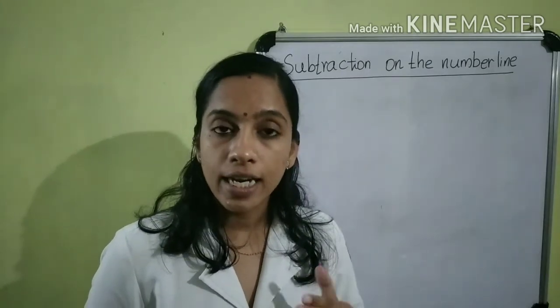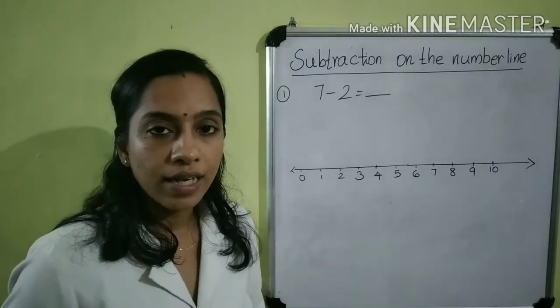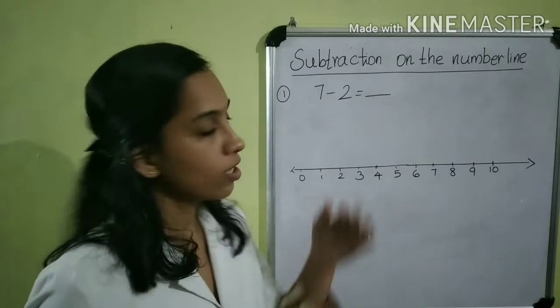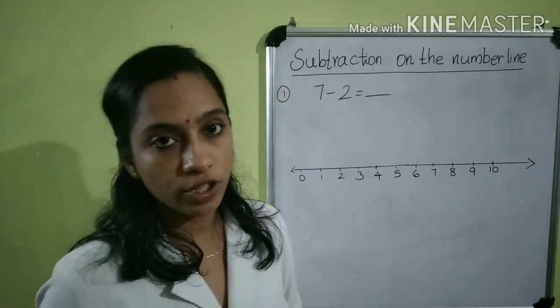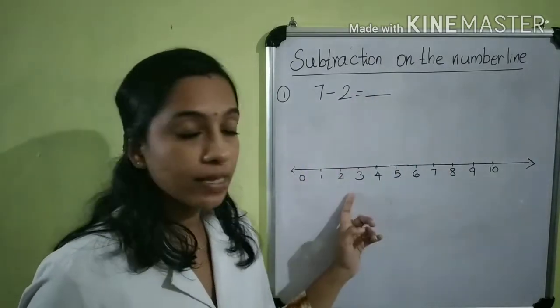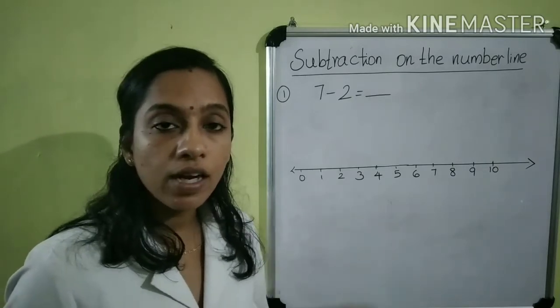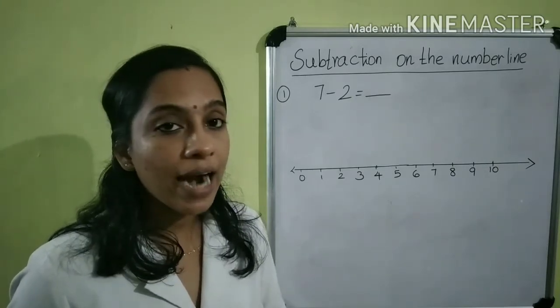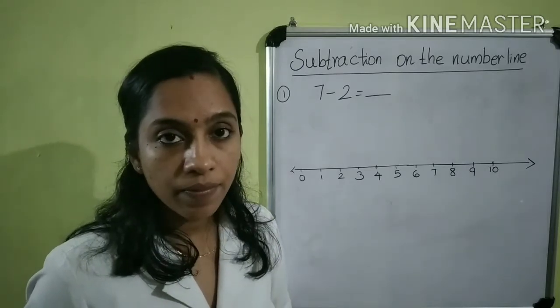So children, let us understand this with examples. Let us solve one question. This is our question: 7 minus 2 is equal to dash. We have to find the answer by using this number line. In the last chapter, we learned how to add numbers using this number line. Did you remember that?